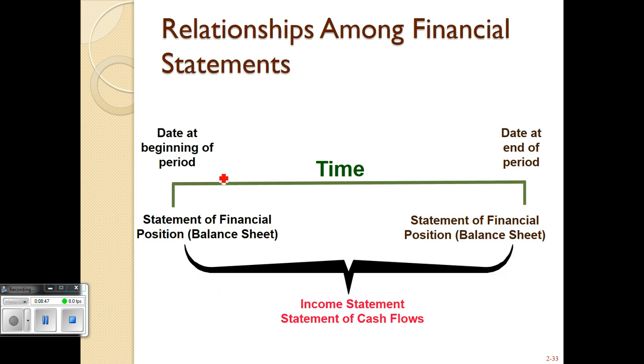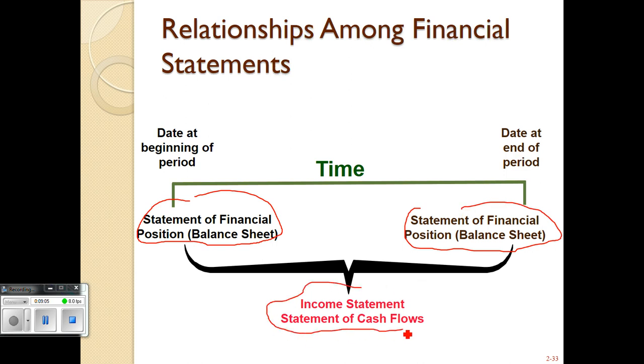There is a very strong relationship between the statements. The balance sheet is on a particular date, so we have those two time periods, and then the income statement and the statement of cash flows explain what happened between those two dates.